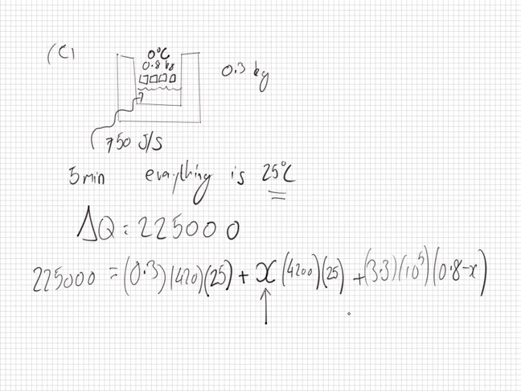So again, it's M, C, delta T. Now, once you write that down, you can just multiply it out and solve for X.